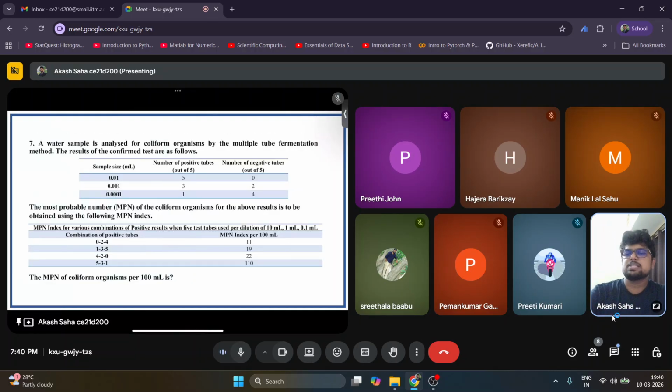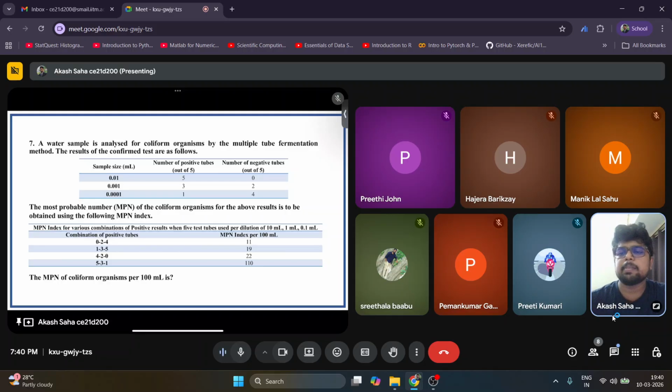It says that a water sample is analyzed for coliform organisms by multiple tube fermentation method, and the results of the confirmed test are as follows. So we have three different sample sizes, and we can see the number of positive tubes and the number of negative tubes out of 5 are mentioned.